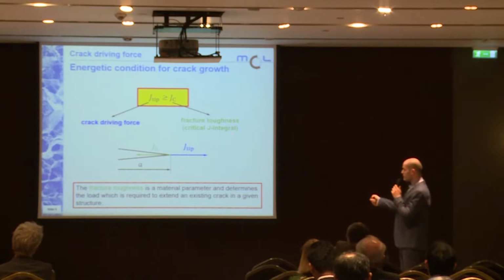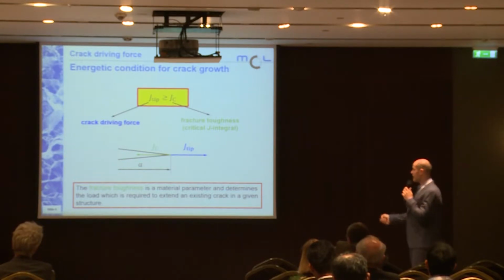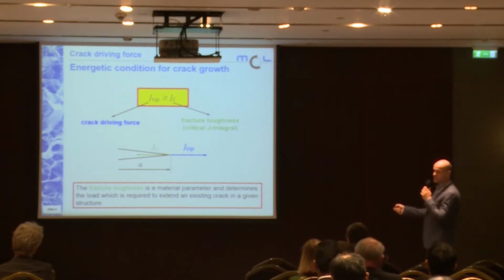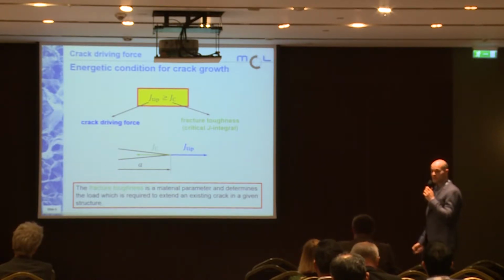Every material has a fracture toughness, and if it is loaded, the crack tip experiences a crack driving force, J tip. If J tip is equal to or larger than the critical fracture toughness, JC, the crack will propagate.